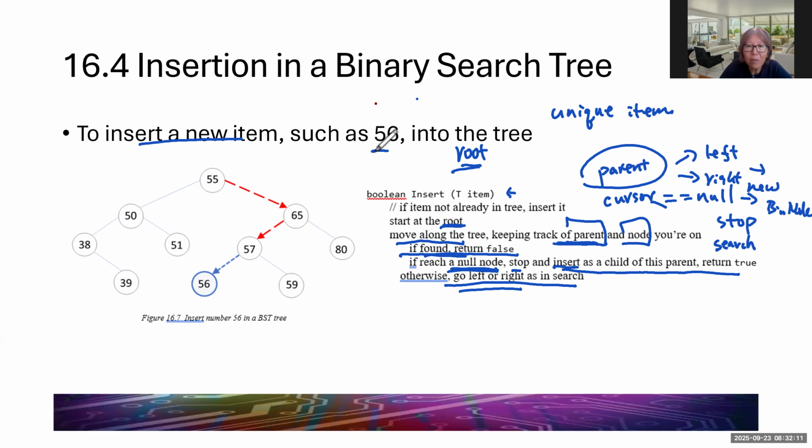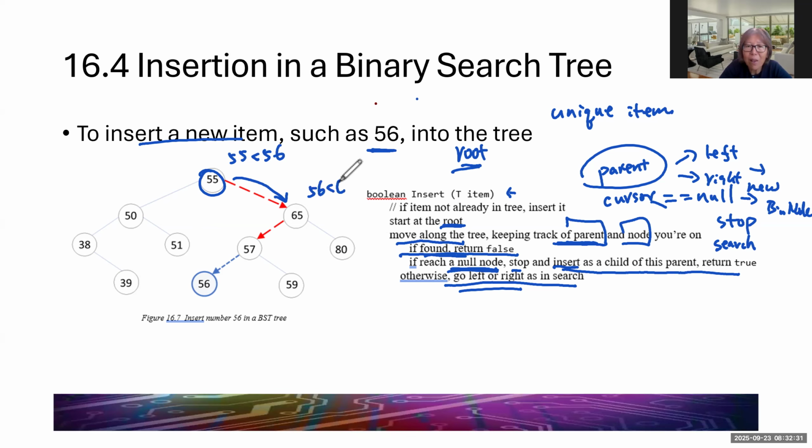We can take a look at inserting, say, 56. You compare with the root node, we always start there. It's greater than, so we need to search to the right. Continue the search, compare with 65.